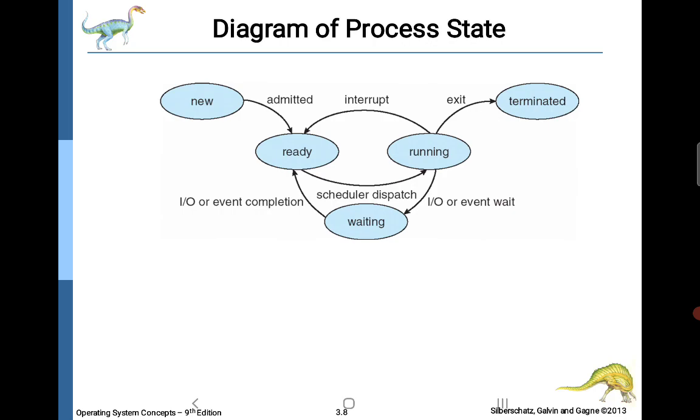After given the resources it needs to be executed, it will be admitted and it will be a ready process waiting for the CPU to run. When the process is granted the right to enter the CPU, it will be a running process.